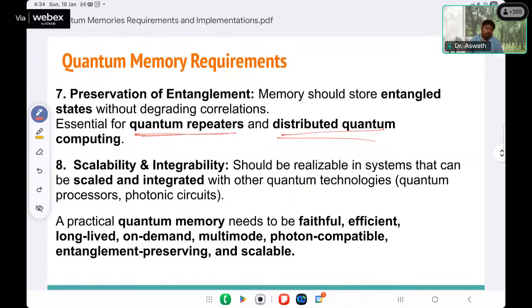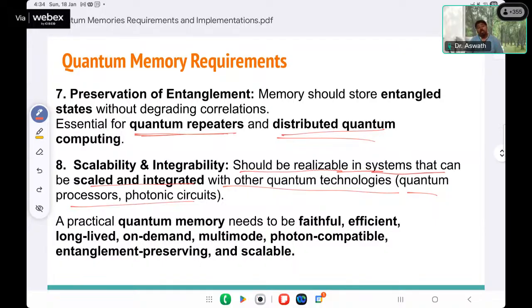Then scalability and integrability. In a way, these are interconnected points. Please appreciate what quantum memory should ensure for communication. It should allow us to realize systems that can be scaled and integrated with other quantum technologies like quantum processors and photonic circuits. People are talking about hybrid quantum computing or quantum communication networks, which may have hardware or photonics, or trapped ions or some other means put together in a hybrid manner.